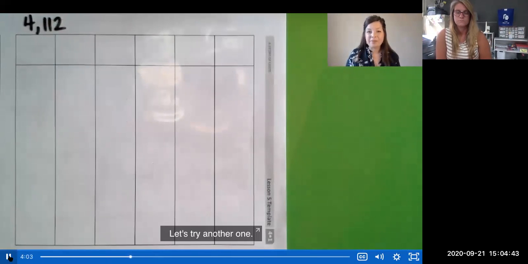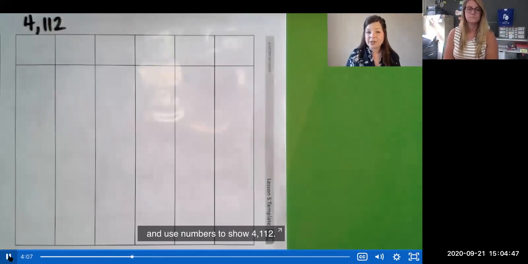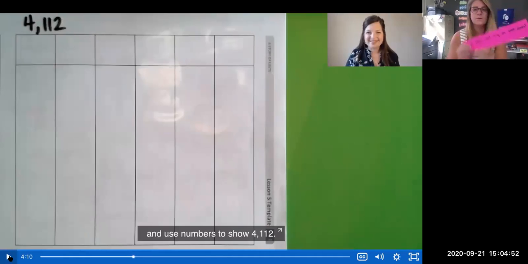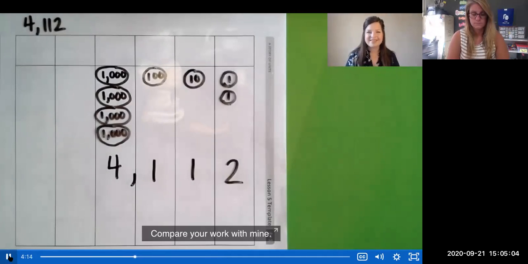Let's try another one. Pause the video and draw place value discs and use numbers to show 4,112. Right now, pause your video and show this on your whiteboard using place value discs. Compare your work with mine.